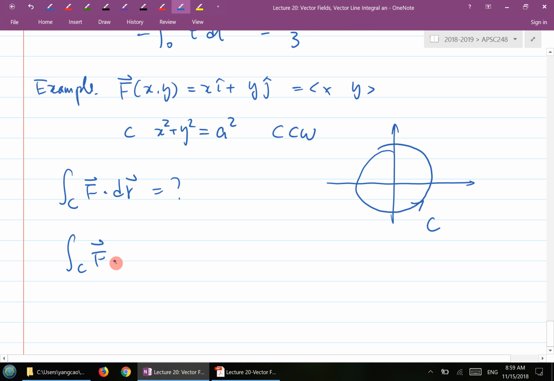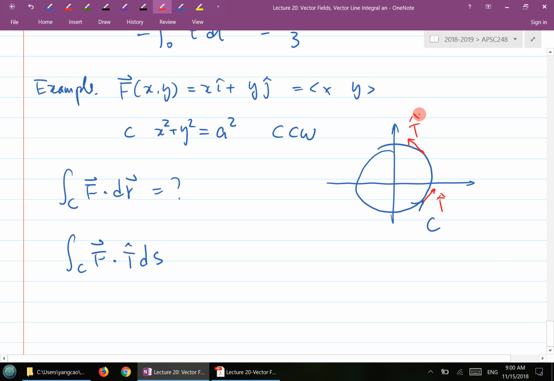Remember the other formula for the vector line integral is F dot T hat ds. That's basically the most original formula. F is the vector field. T hat is the unit tangent vector, or the direction of the curve C. So let's take a look at this one here. If I go counterclockwise, then T hat is always a tangent vector to this circle.